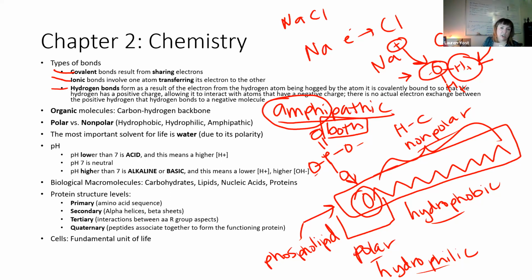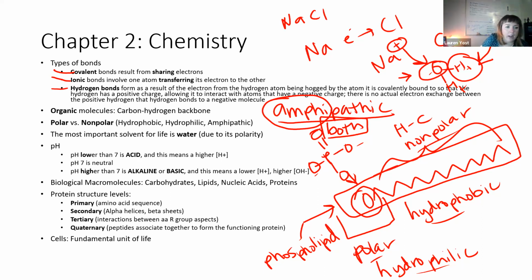They're still bound together, sharing electrons, just the oxygen hogs it more. So whenever that positive hydrogen interacts with something else that also happens to be negative on another molecule, that is a hydrogen bond. They are weak bonds, and they happen due to the hogging of electrons, like we see happening in polar covalent bonds, due to the electronegativity of a molecule.